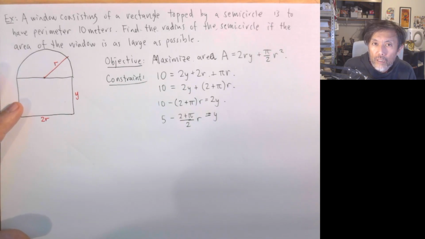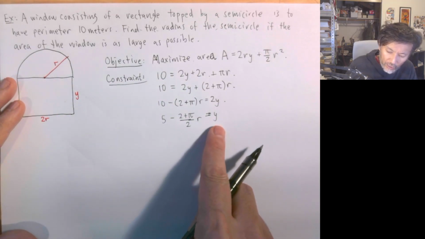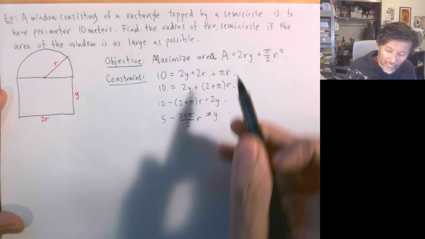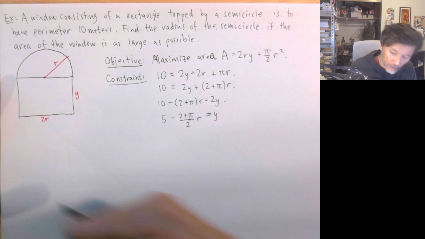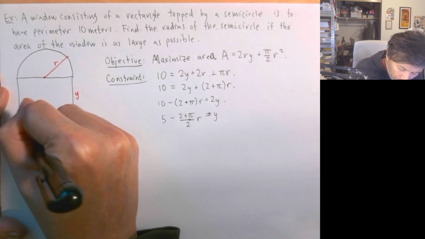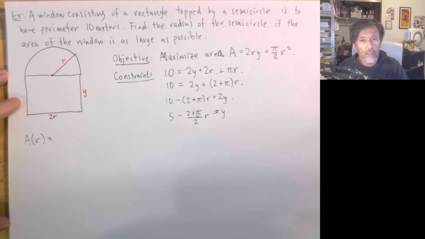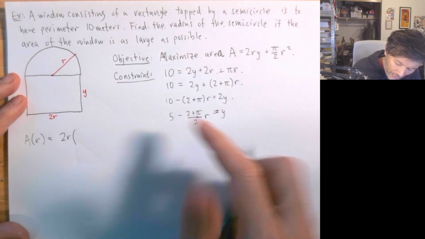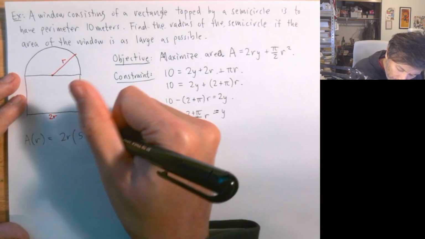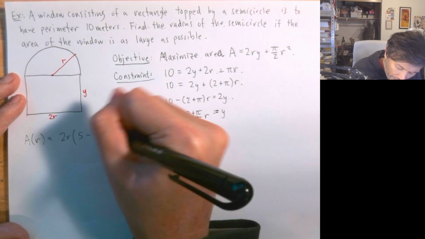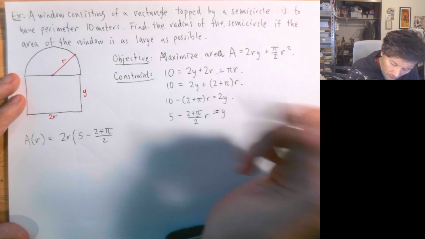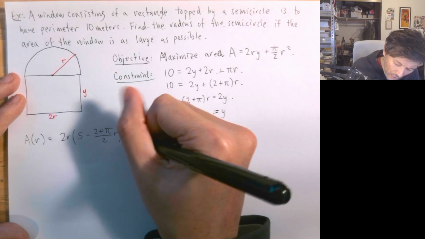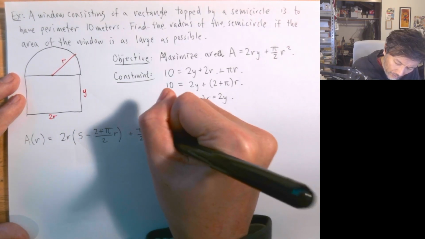Okay, cool. Now we substitute this into this expression for area so as to make A a function of r only. So A of r. I get 2r times this mess, 5 minus (2 plus pi) over 2 times r. And then I add to that pi over 2 times r squared.